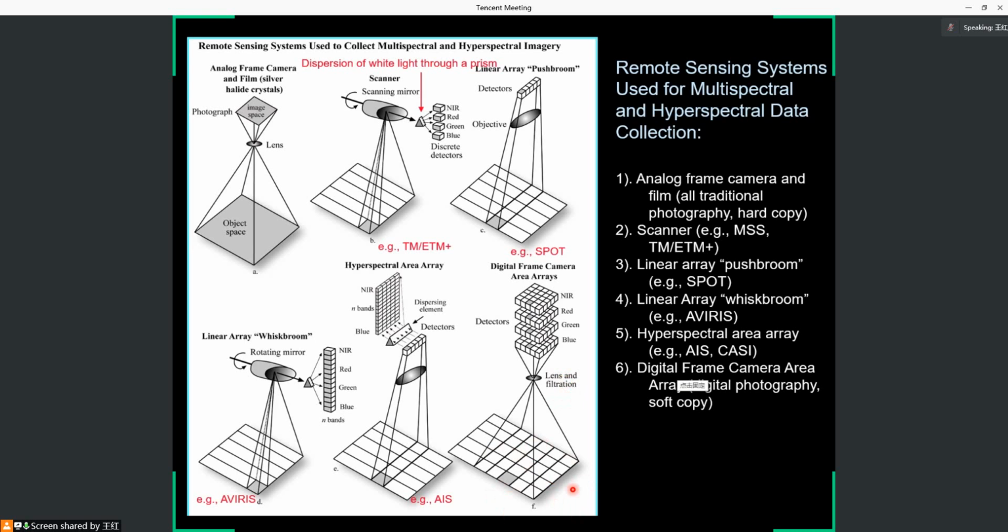So yeah, different methods or systems are used to collect the image. So this is just for the introduction.